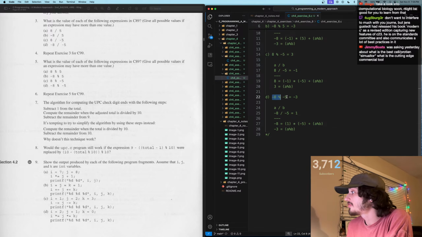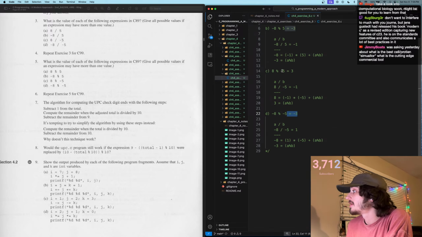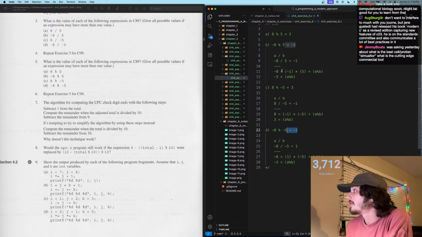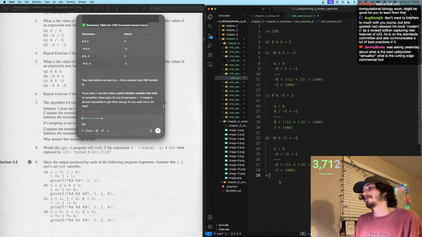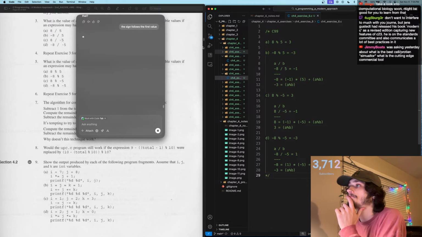Okay, so if they're both negative, the answer is negative. The negative sign follows the first value.